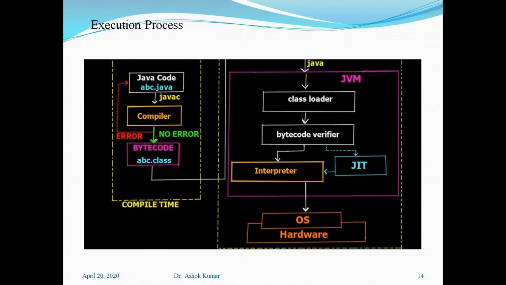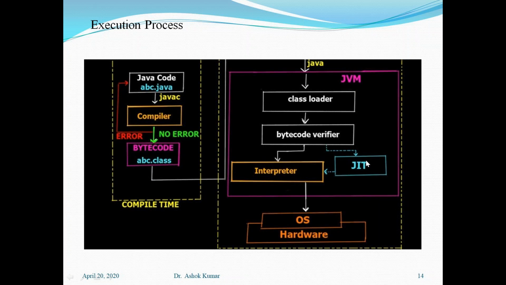The interpreter converts one line of your bytecode at a time into native machine code. So it is responsible for converting the bytecode into machine code, and then that machine code gets executed on your hardware.